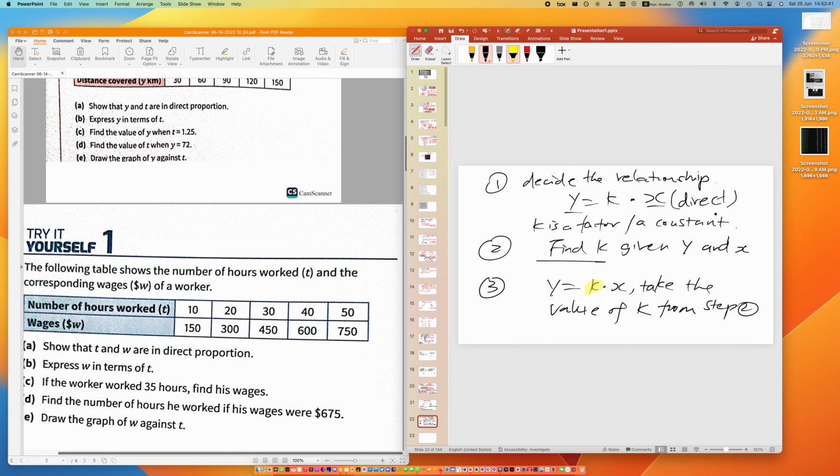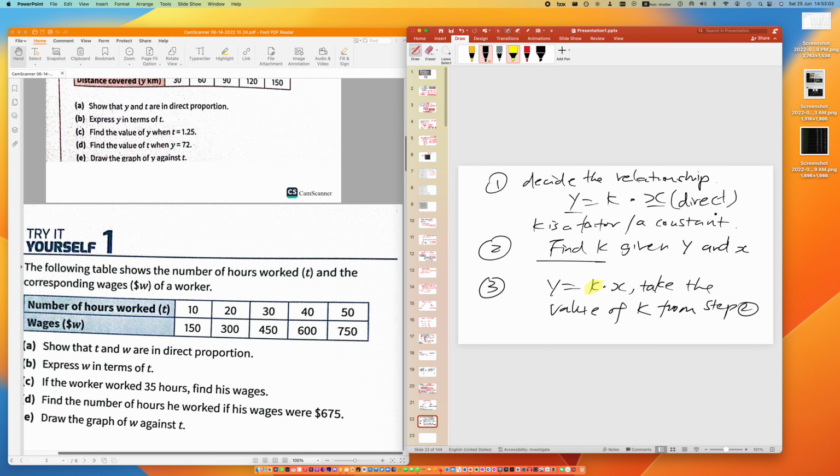W equals to K, K what? T. What is in between? K times T. Yes. Have you done it? K times T or K and T? K times T. Exactly.